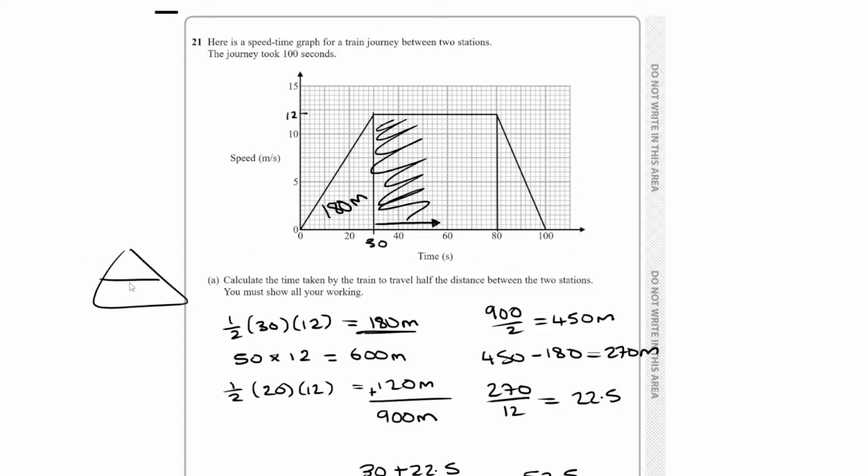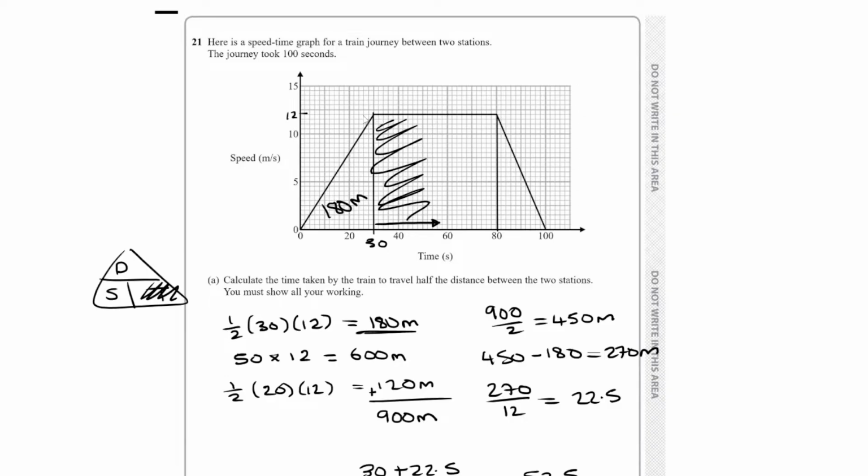If you think about speed, distance, time, speed is distance over time, and we're trying to find the time. Distance divided by speed. The distance left, from my rectangle, was 270. The speed was the height of the rectangle, which was 12. So I just divided that. It told me that the train would take 22.5 seconds to travel the other 270 meters.